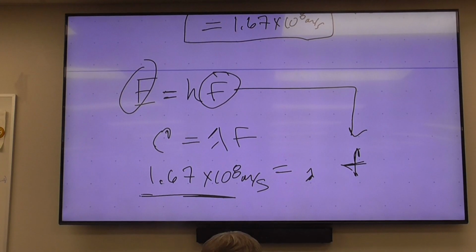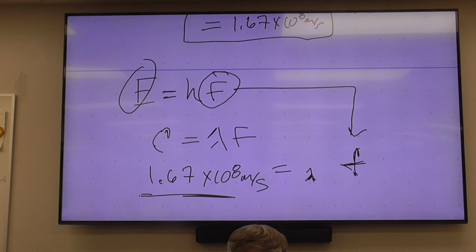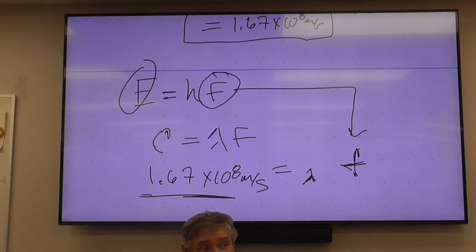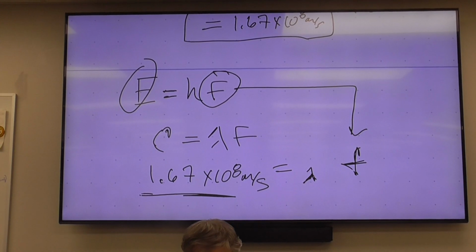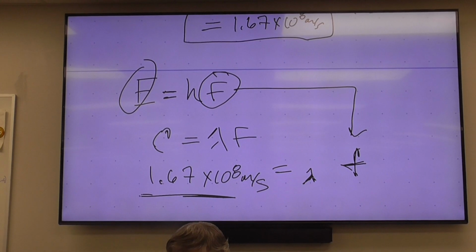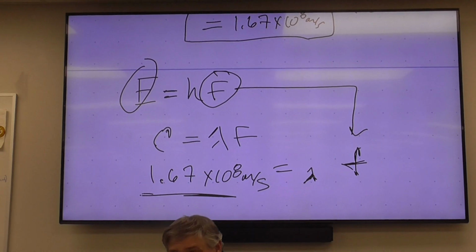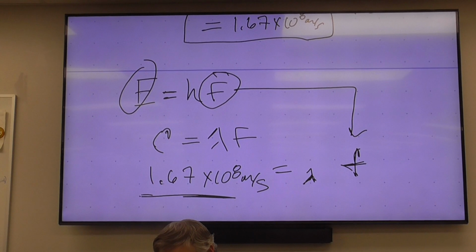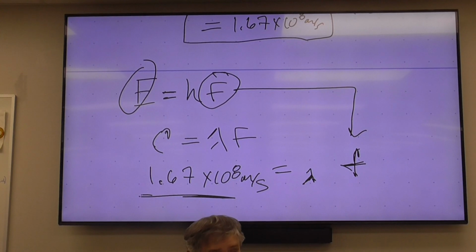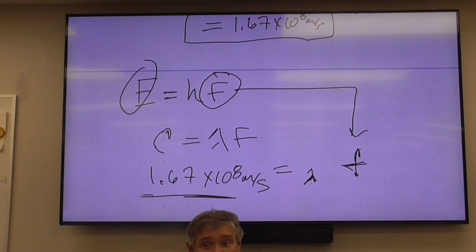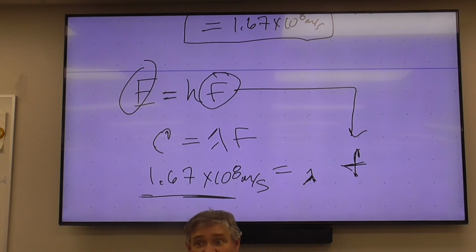Here's what I want you to see: the only thing you can change to make the speed of light slower is either you make the wavelength smaller or you make the frequency smaller. Okay? But here's the catch. If you change the frequency, you change the color.